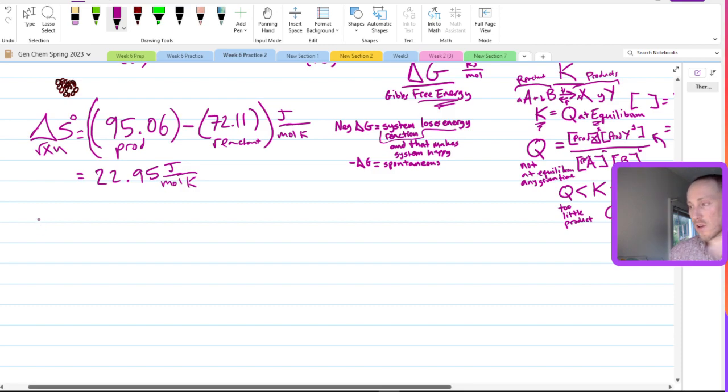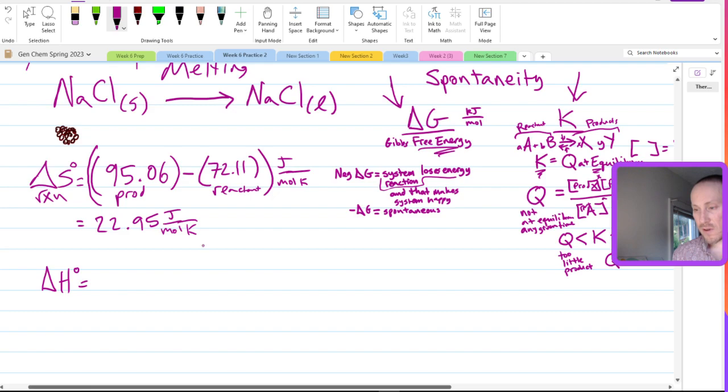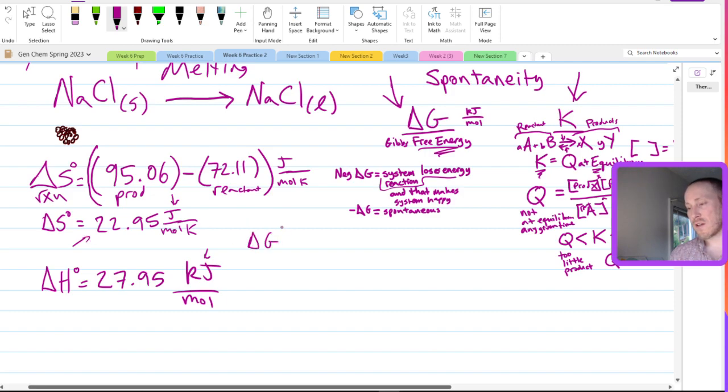Because the route we're going to go, since we were given that delta H equals 27.95 kilojoules per mole, we could convert either one of these units into the other. But I'm going to convert this up because our delta G, usually we're looking for kilojoules anyway. So that's the way I'm going to trend.